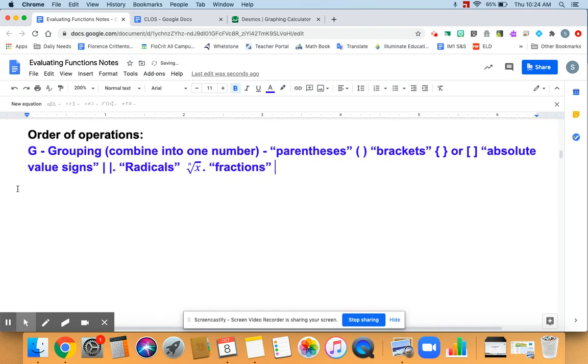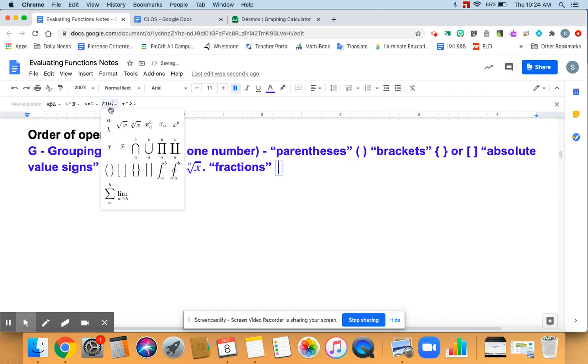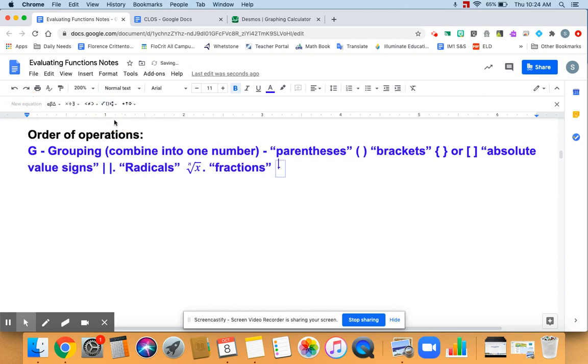Fractions are also grouping, because when you have intense fractions where there's tons of math up here and tons of math on the bottom, secretly you have to put the entire top, the whole numerator, into one number first, and then everything on the bottom has to turn into one number as well.